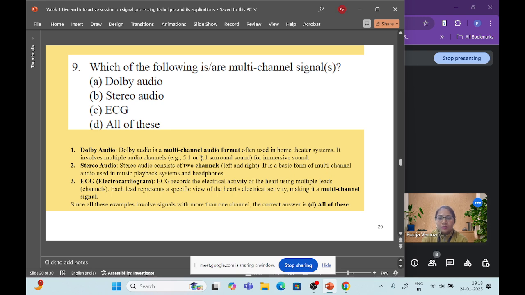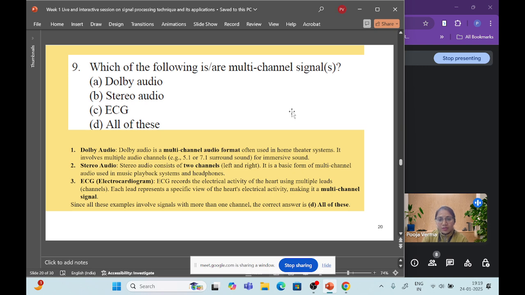Option A is Dolby audio, option B is stereo audio, option C is ECG, and option D is all of these. So which one is a multi-channel signal? The explanation in detail is already given for this question.